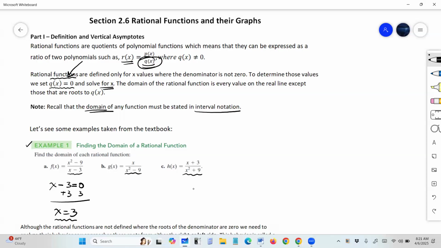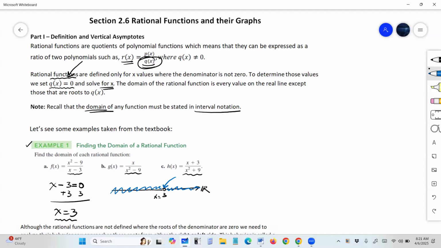So when you're graphing this, this is the real line. And here is the number 3. Let's say that this is x equals 3. Notice that I have an open circle here. Okay, so the domain is every single number except this value.